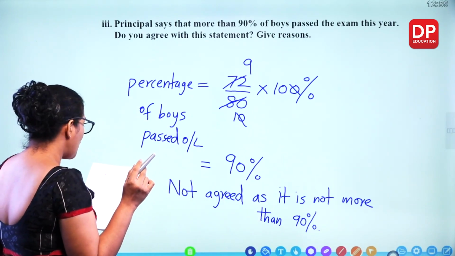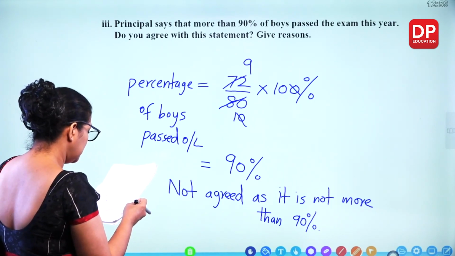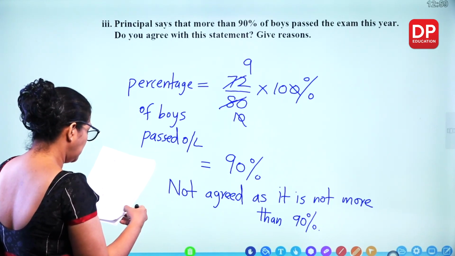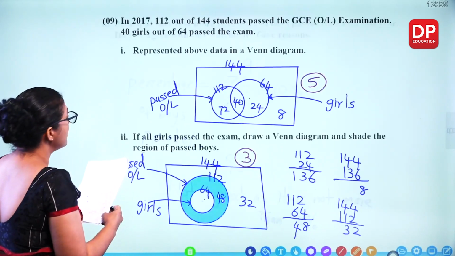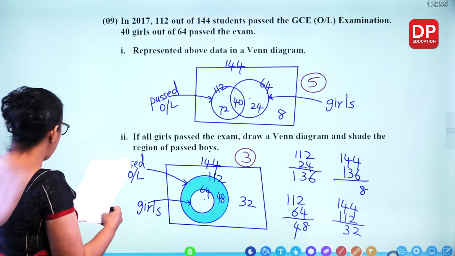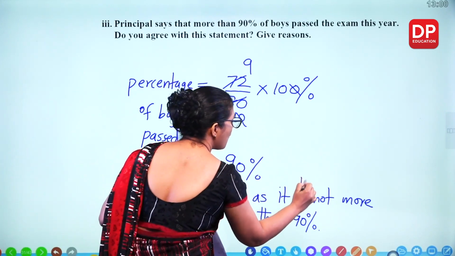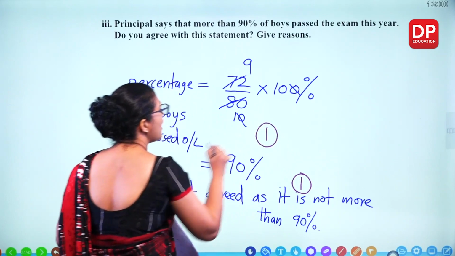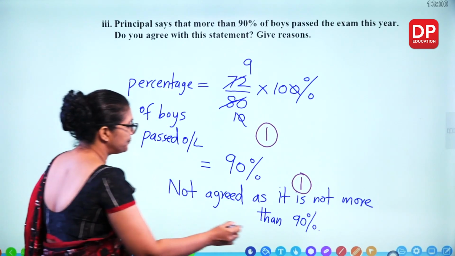So how many marks for that part? You are getting 2 marks. So we'll see whether the total is 8. Yeah, so 2 marks for this one: 1 mark for the statement, and calculating the percentage, 1 mark.